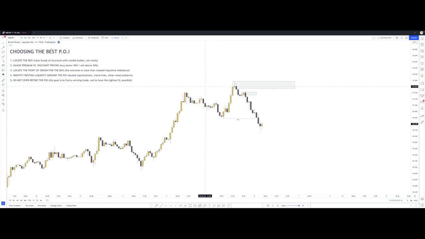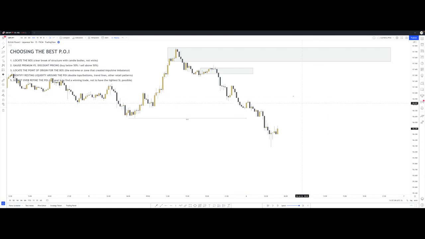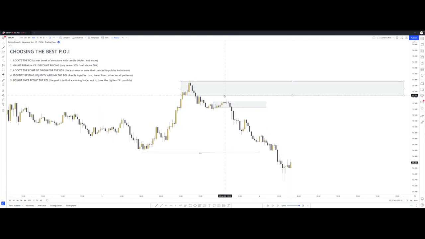So this might be more visible on the 15-minute time frame. Let's drop down. There we go. So as you can see, the extreme point of interest up here, it did create some bearish momentum, but it didn't actually break any sort of minor structure. Of course, we do have the overall break of structure here, but locating a minor break of structure would also help.